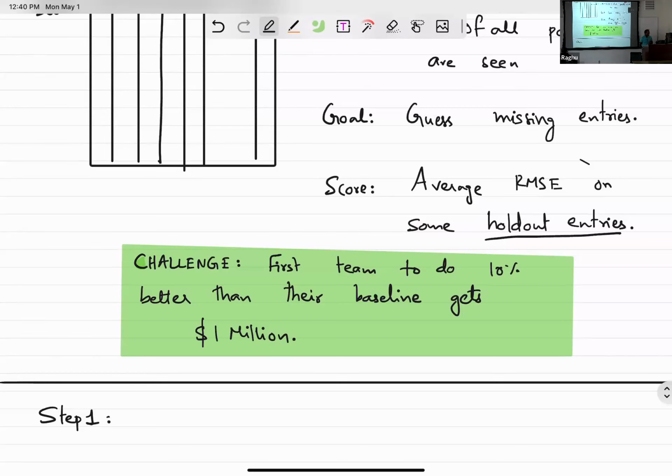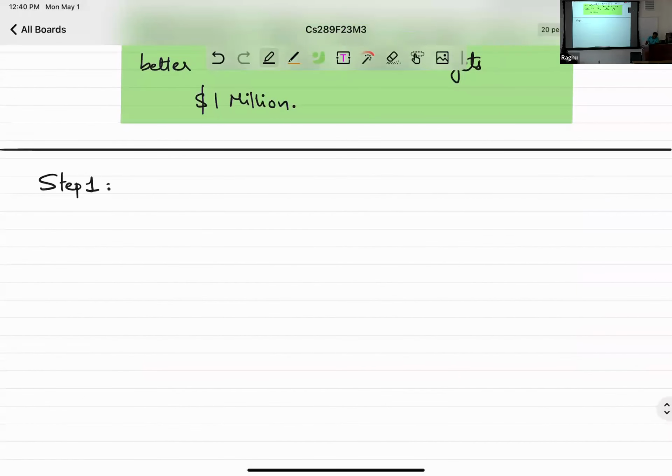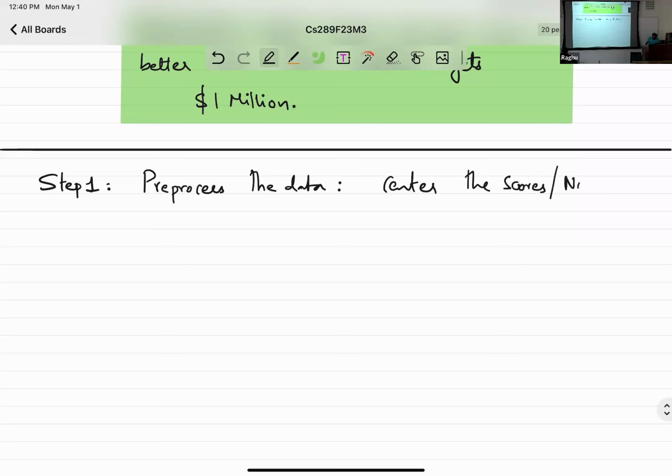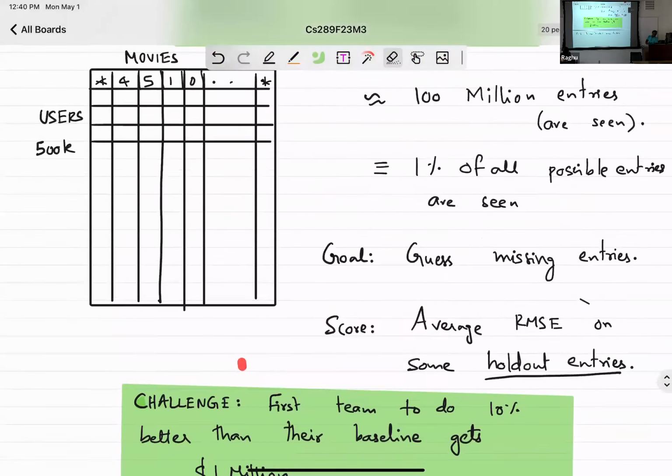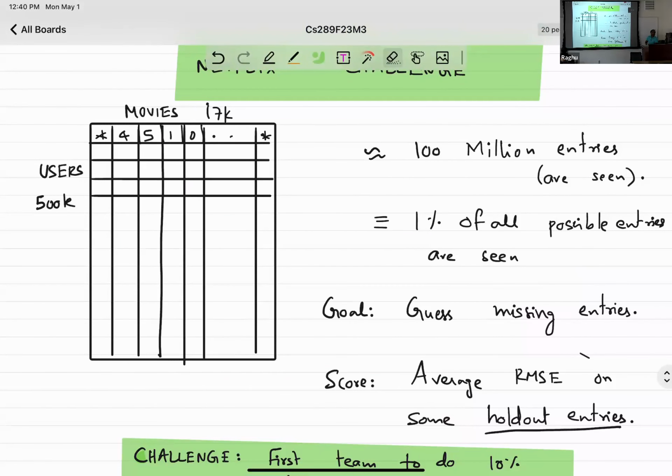Well, okay, so first thing you might say is, I'm going to pre-process the data so that I center the scores and normalize, just center the scores really. Maybe a person likes every movie and the entire row is all 5s.